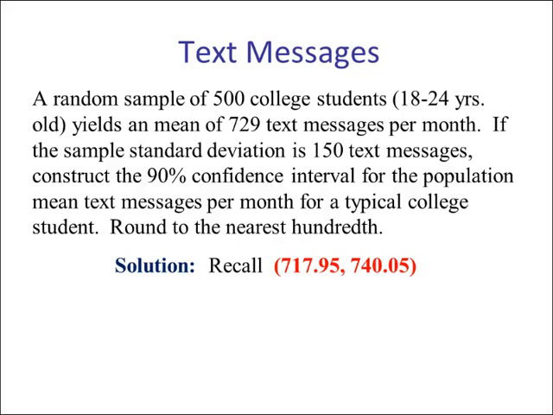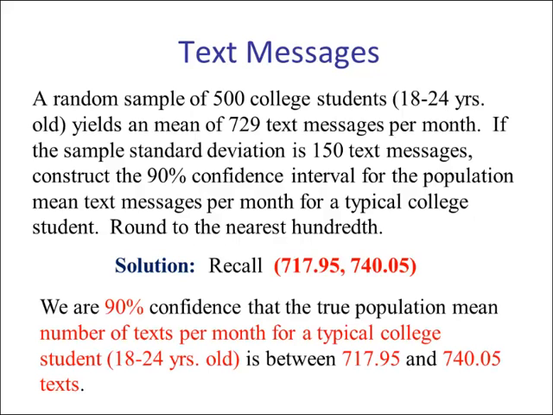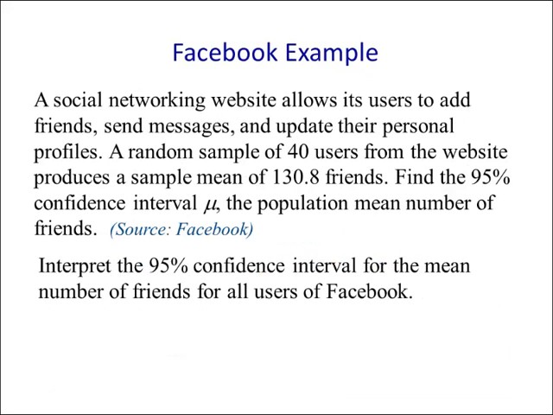So now we're going to interpret this confidence interval. We would say we are 90% confident that the true population mean number of texts per month for a typical college student 18 to 24 years old is between 717.95 and 740.05 texts.